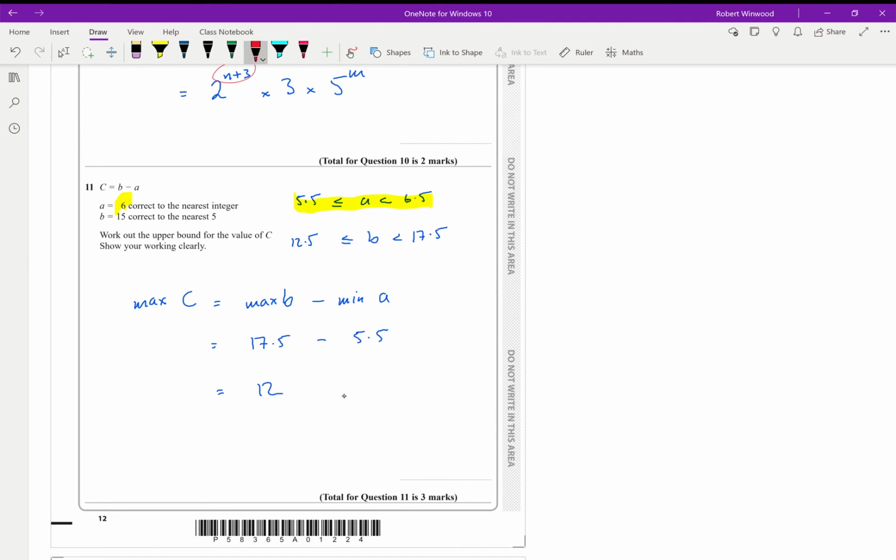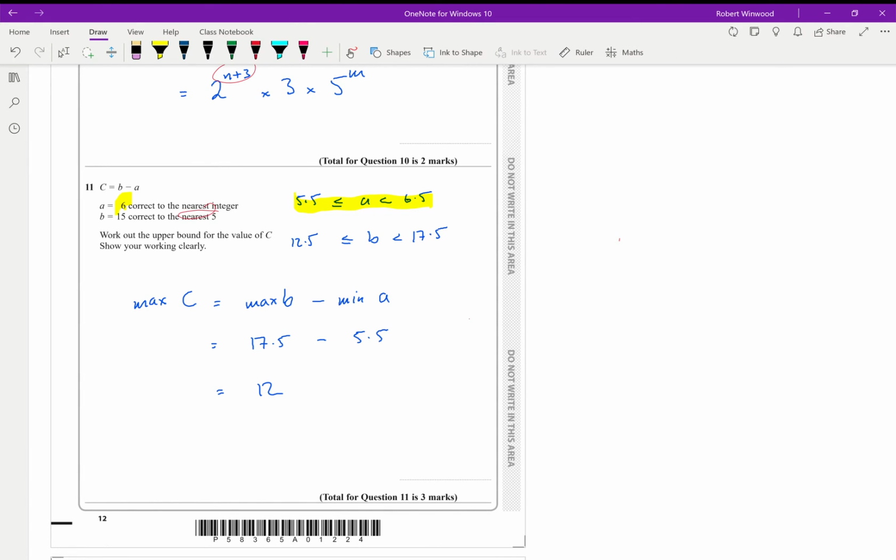Remember, imagine your imaginary ruler is marked out in units of 5. So you've got 15, 20 is the next 5 up, 10 is the next 5 down. Where would you stop rounding one way and start rounding the other way? So that's 12.5 and 17.5. So those are your upper and lower bounds.